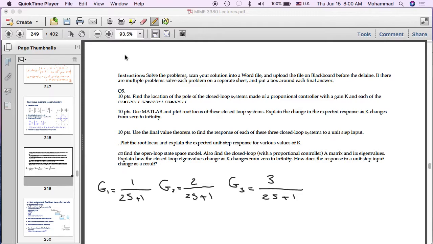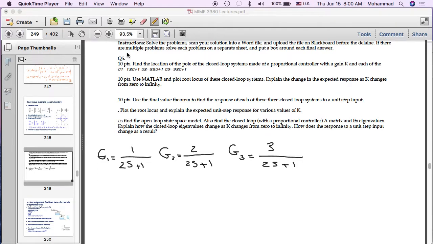The first question asks you to find the location of the pole of the closed loop systems made of each of these three transfer functions with a proportional controller.